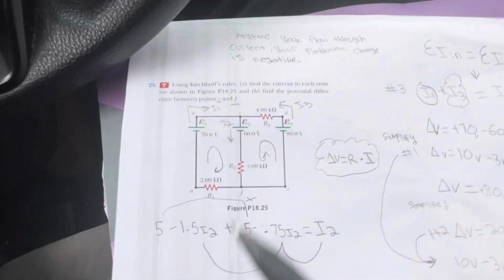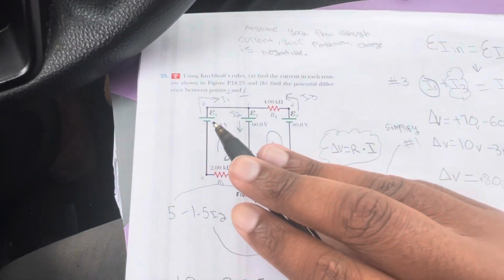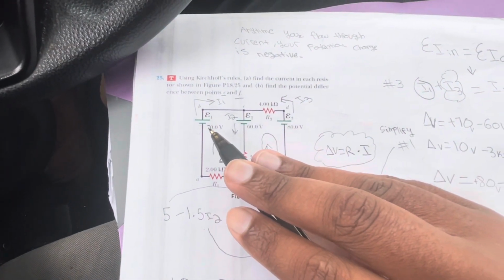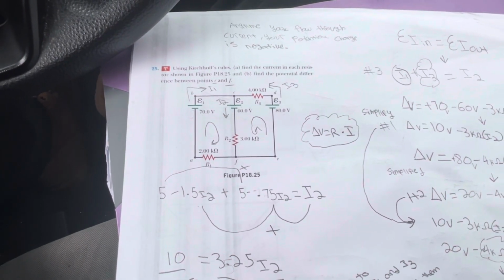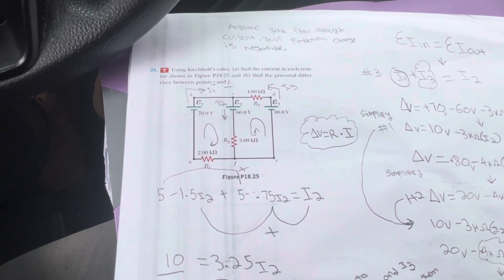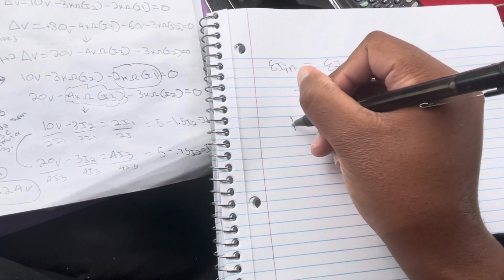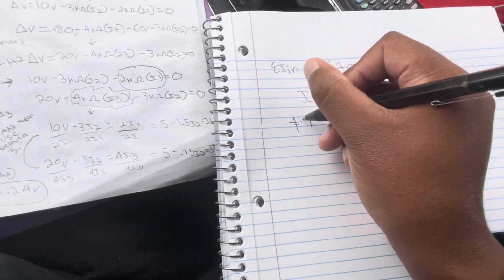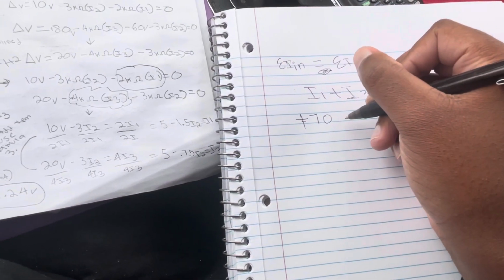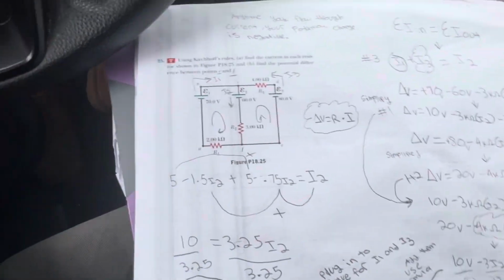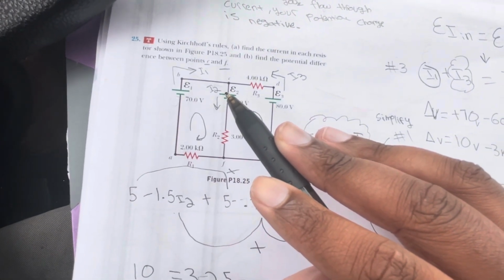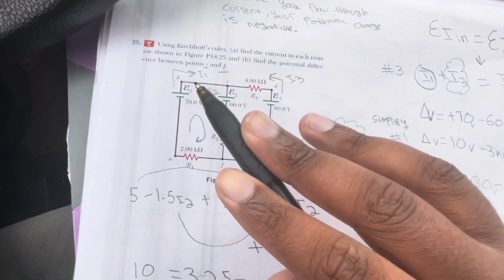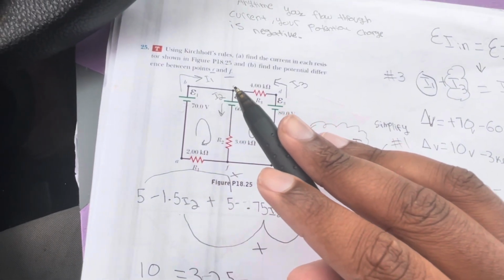In order to do that, we're going to start on the left side, my left, 70. So 70 goes from negative to positive, so it's going to be a positive voltage. So we're going to do plus 70. Then current is I2, it's traveling along.